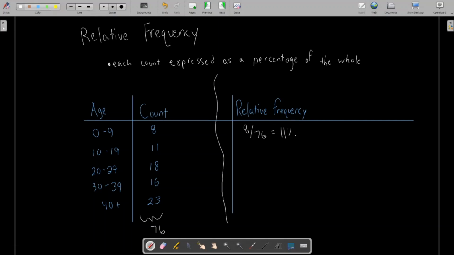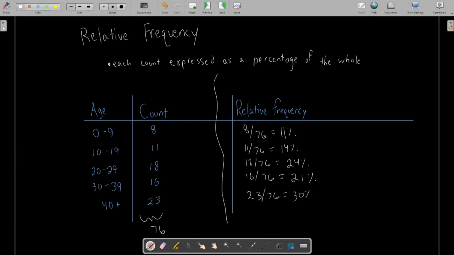You can also express a relative frequency as a decimal, but here we're going to be doing it as a percentage. And so we can repeat that process for the other 4 counts. 11 over 76 ends up being about 14%, and then 18 out of 76 ends up being about 24%, 16 out of 76 ends up being about 21%, and lastly 23 out of 76 ends up being about 30%.